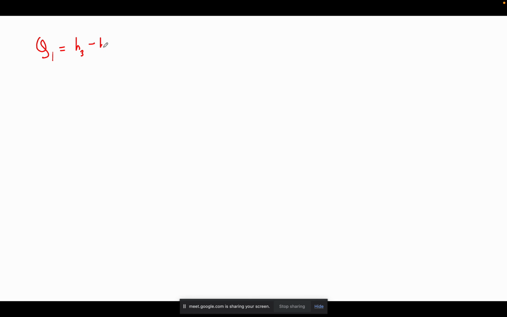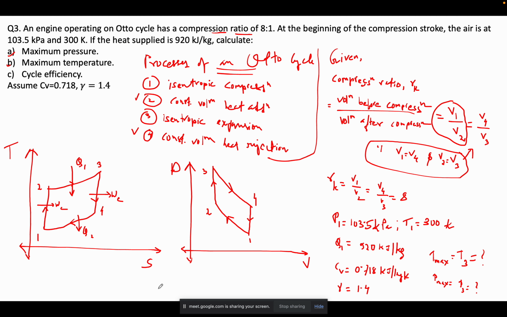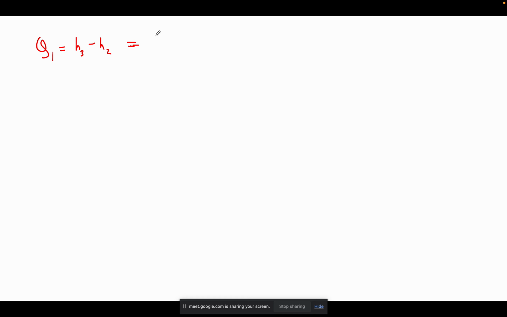Since this is an ideal gas and heat addition is taking place at constant volume, this will be converted to Cv (T3 minus T2). Now this Q1 value is given to us, so if we know T2, then T3 is known because Cv is given.